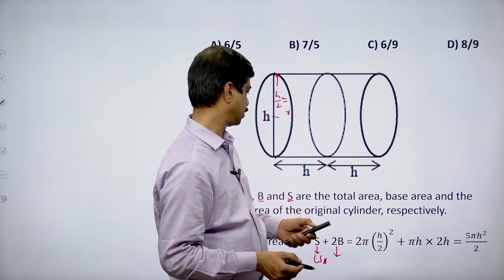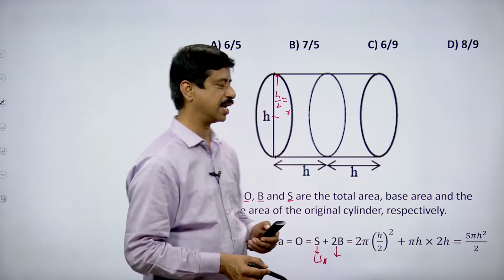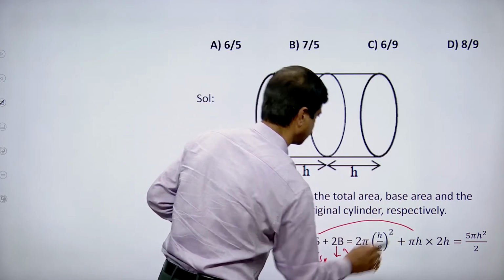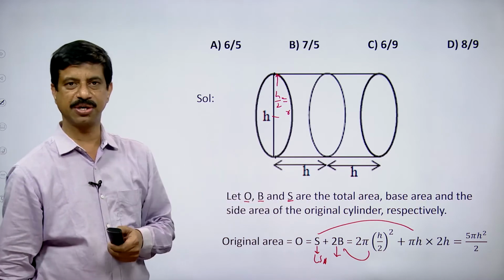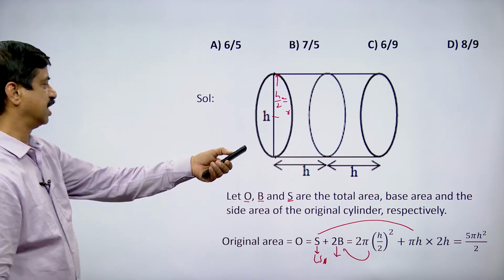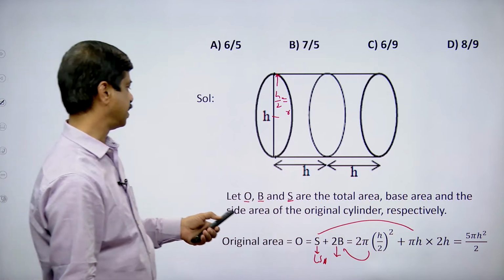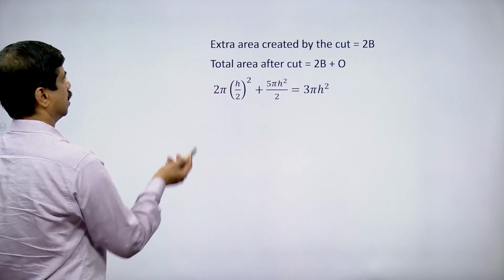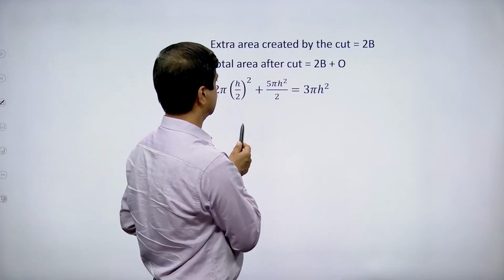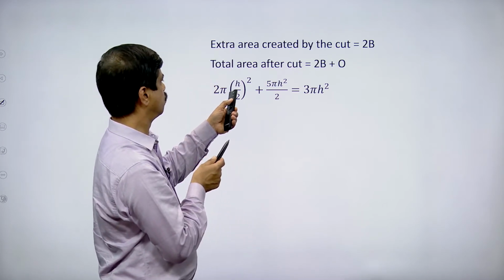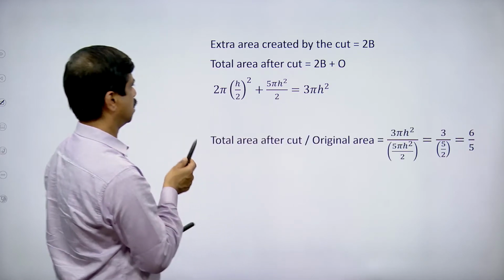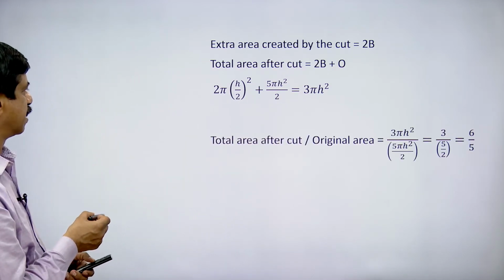Pi r square, so 2 base areas means 2 pi r square, with r as h by 2 whole square. If you simplify that, you will get 5 pi h square by 2. So that means we got the area of each smaller piece. Now what is the main one? 2 pi r square plus this, the total surface area, is 3 pi h square.